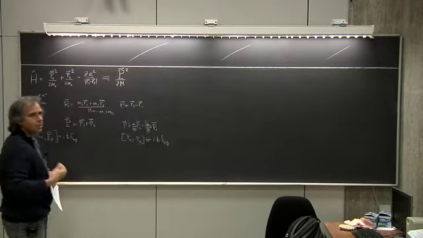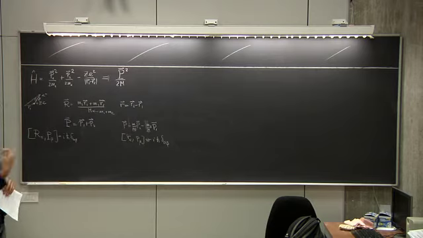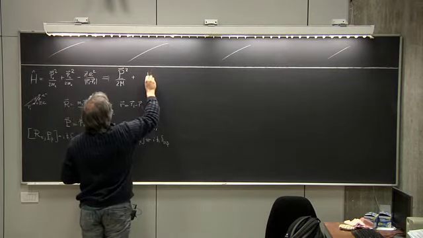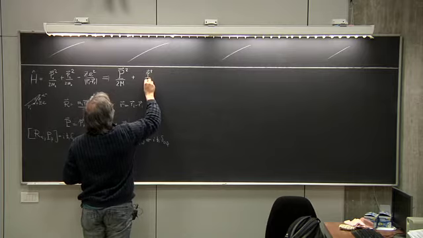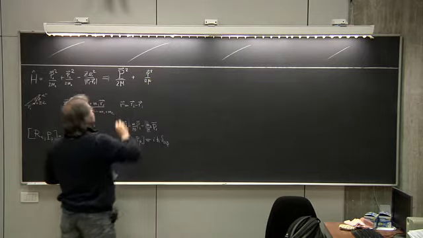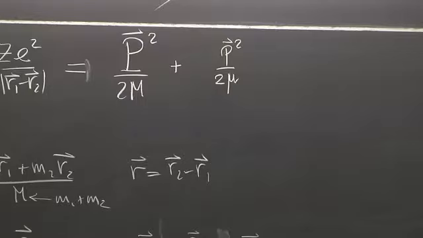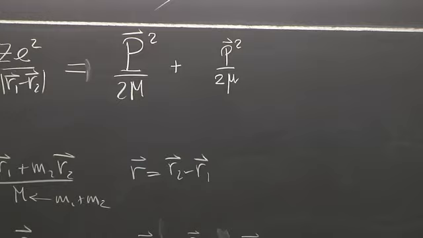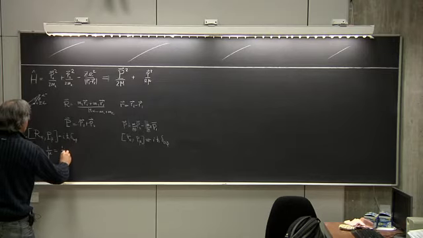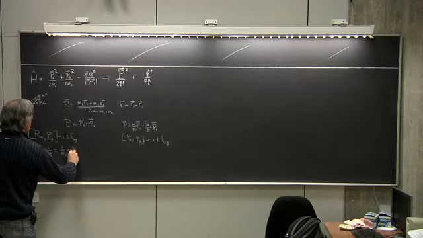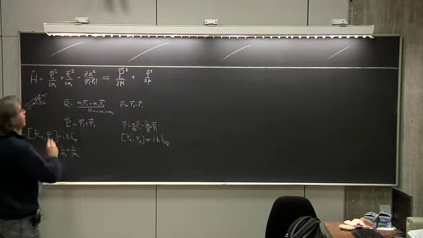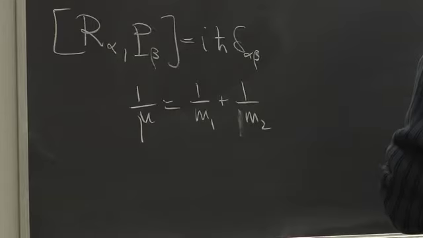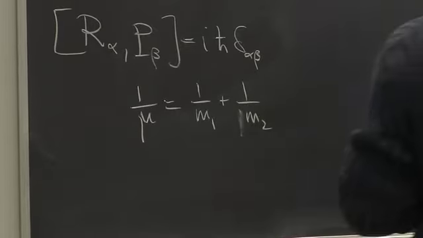This is the total momentum divided by the total mass, so it's associated to the center of mass motion, plus relative momentum square divided by twice the reduced mass, where 1 over mu is just 1 over m1 plus 1 over m2, minus Z e square over r.